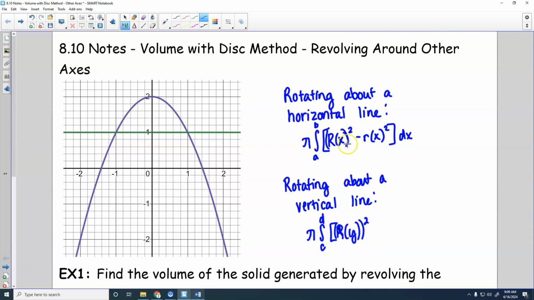I should have an extra set of parentheses there. I just use different letters, C to D, different letters because they'll come from the y-axis instead of the x-axis. Oh, wait. That should be a y right there.